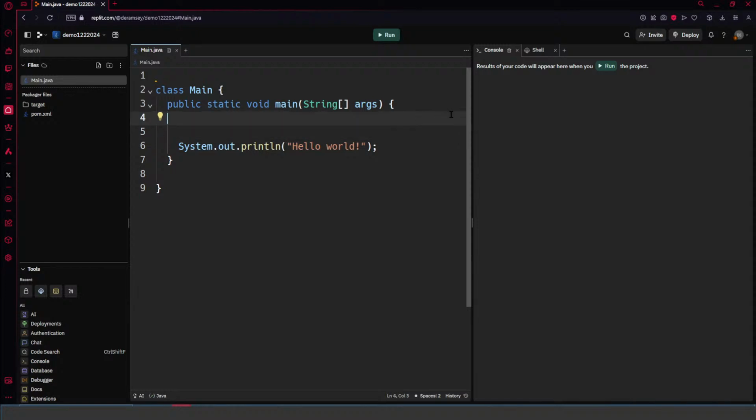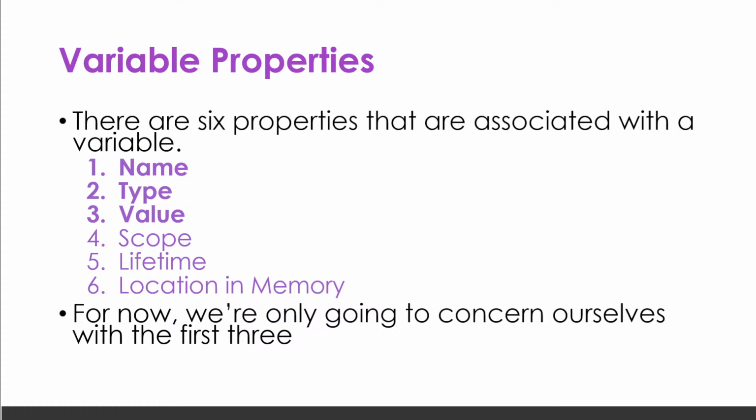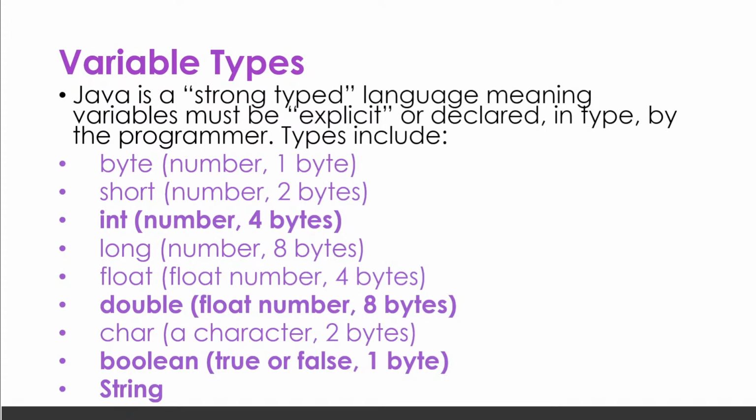Right, so the first thing that we need in a variable is a data type. It is a data type. And so if we look at our variable types here, Java is what we call a strong typed language.